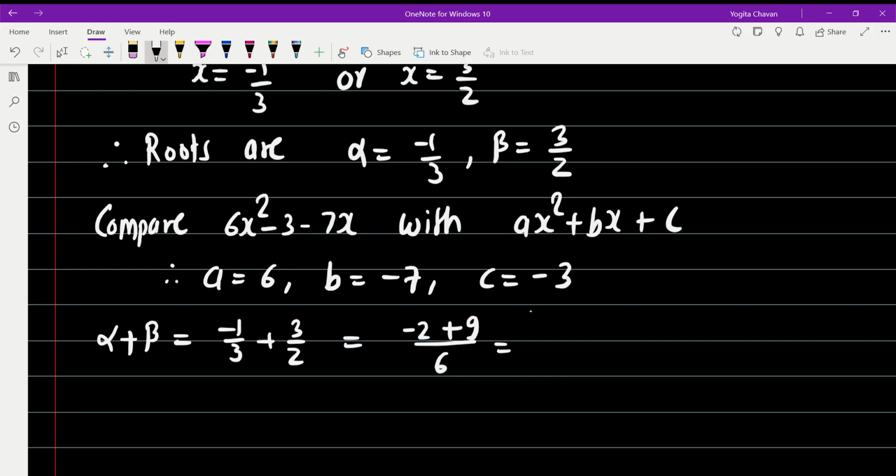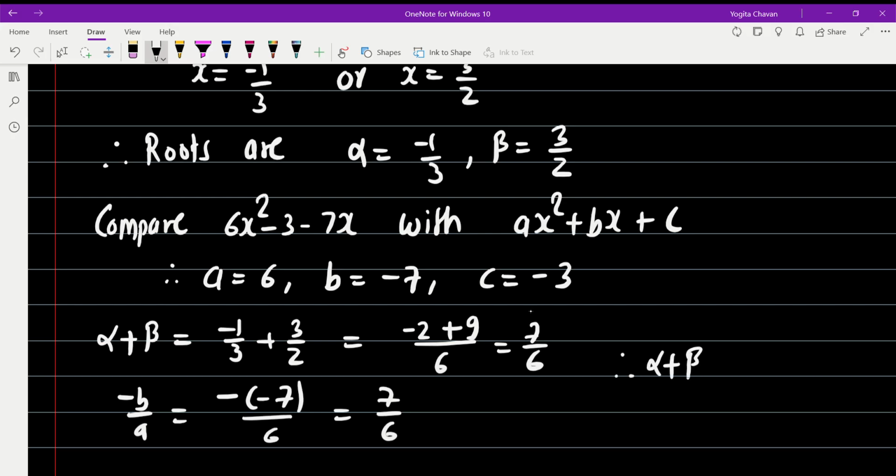So it is 7 by 6. And what about minus b divided by a? It is minus of minus 7 divided by 6. So it is 7 by 6. Therefore, alpha plus beta, sum of the zeros is equal to 7 by 6 and is equal to minus b divided by a.